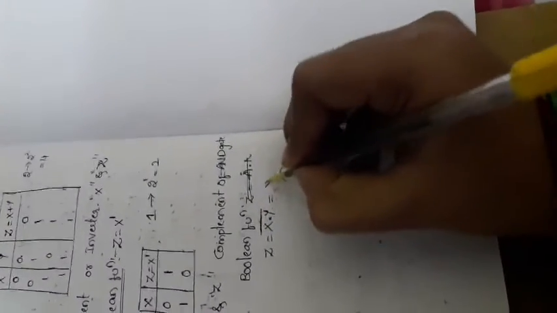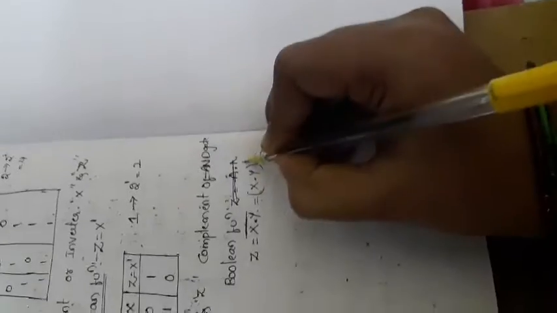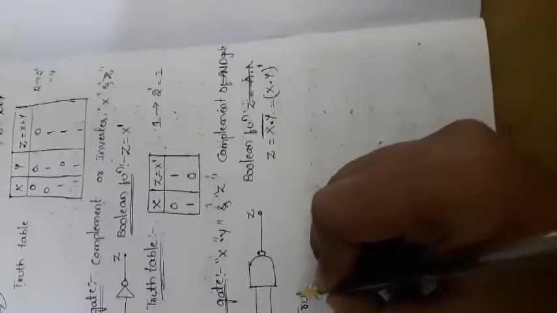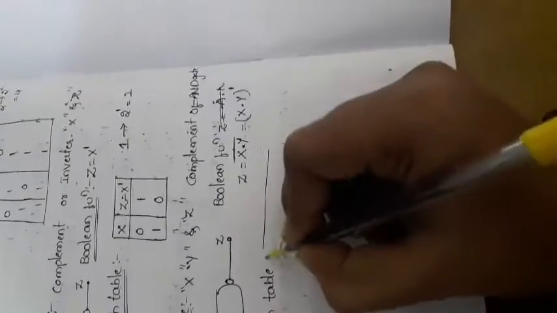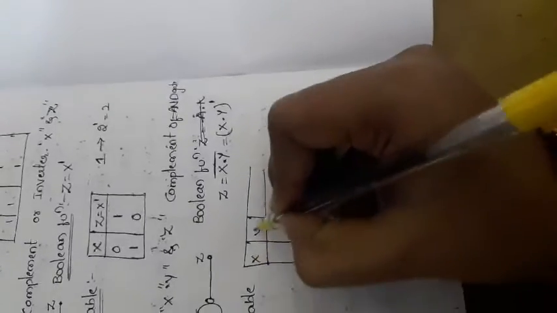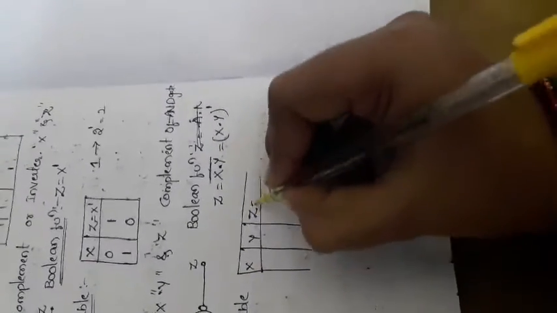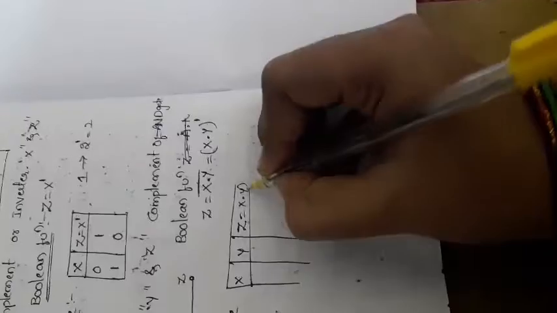That is a bar, or otherwise you can represent it like this, X into Y complement. So this is the NAND gate function. Now write the truth table for this. Here also the input variables are 2, x and y, and the z function is x into y whole complement.